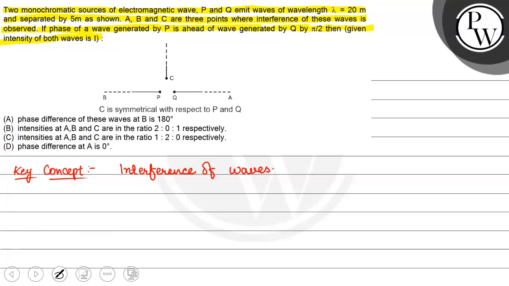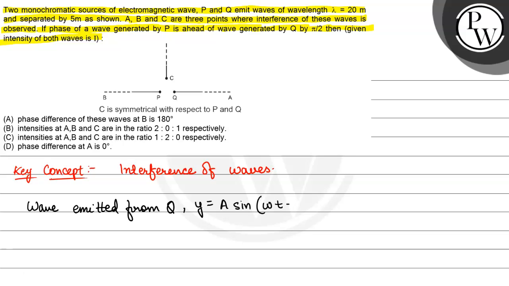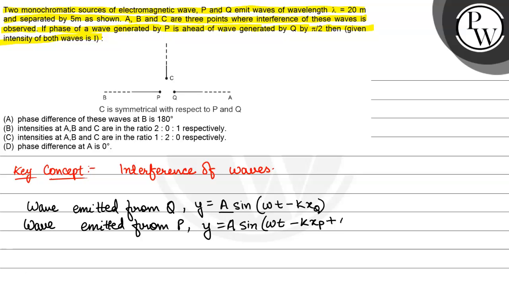Now, we have been given that the phase of the wave generated by P is pi by 2 ahead of the phase of the wave generated by Q. So, if we write the wave emitted from Q as y is equal to a sine omega t minus k xq, then the wave emitted from P will be y is equal to a sine omega t minus k xp plus pi by 2, because the amplitude will be the same as the intensities are the same, and the phase is pi by 2 ahead.